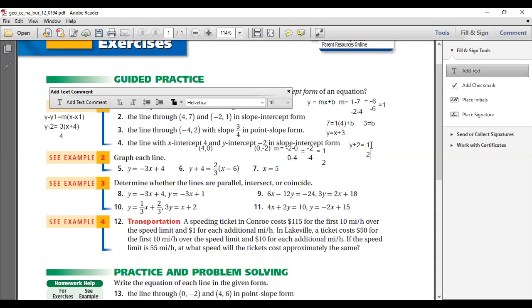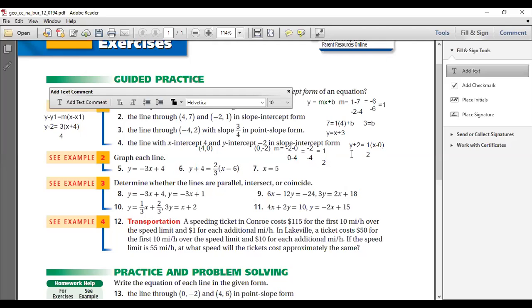And what's the next thing? You have to put them in parenthesis. X is going to be x, minus, what is x1? It's going to be 0. So this is the form of the y-intercept one.